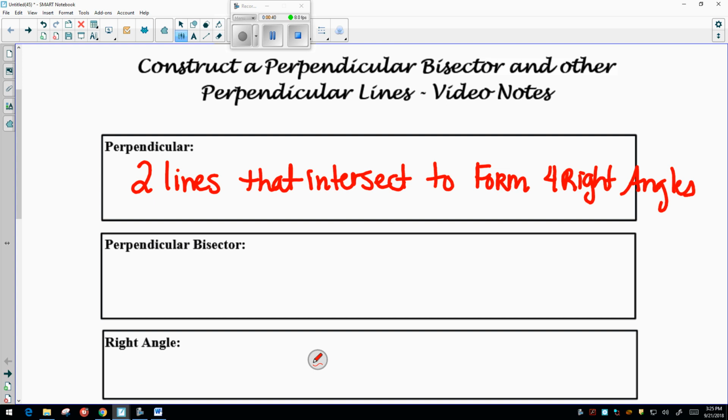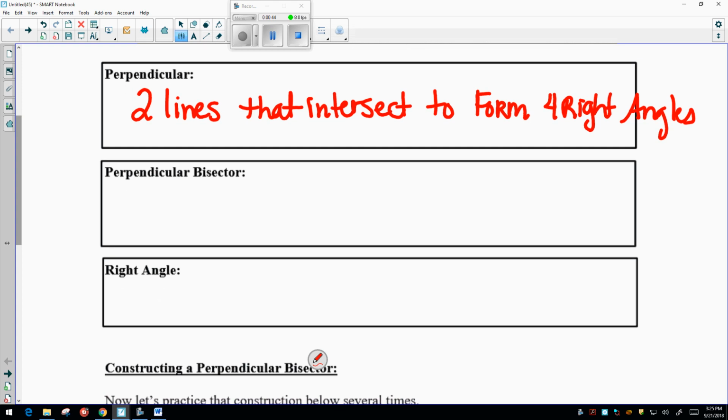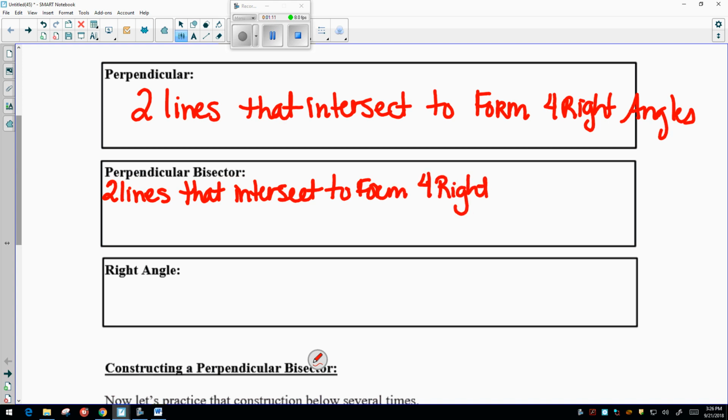Now, what we're constructing is a perpendicular bisector. So we're going to take that idea of being perpendicular and combine it with that idea of bisecting something. So a perpendicular bisector, taking the definition from above, is two lines that intersect to form four right angles.